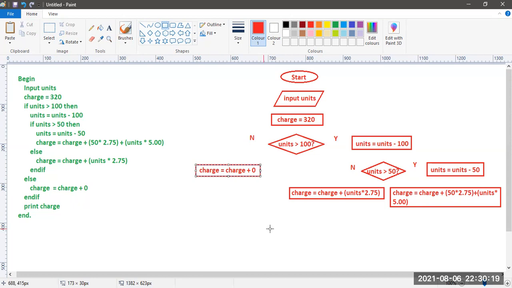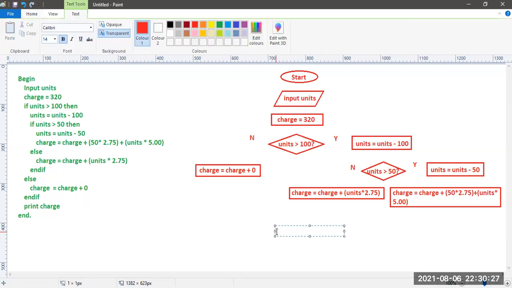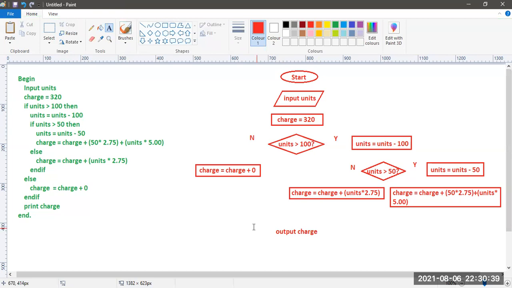Okay, then end if, everything ends, and at last we'll be writing print the charge. Then say output charge, and then end your program. Now we have to draw the line.